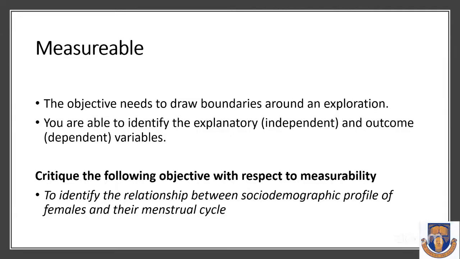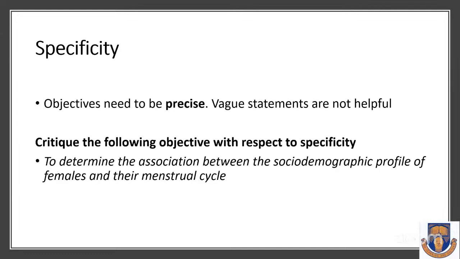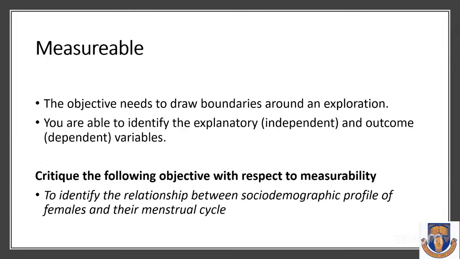We all agreed that the previous objective, if you recall, is almost exactly the same. We said this is not specific. We had a problem with the specificity. Now we're not dealing with specificity in this objective, but we're looking at measurability. Okay, so we're not looking at those issues of specificity.